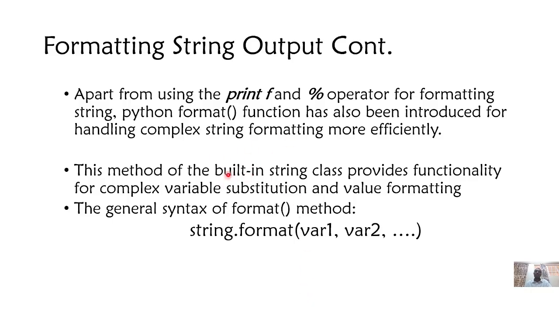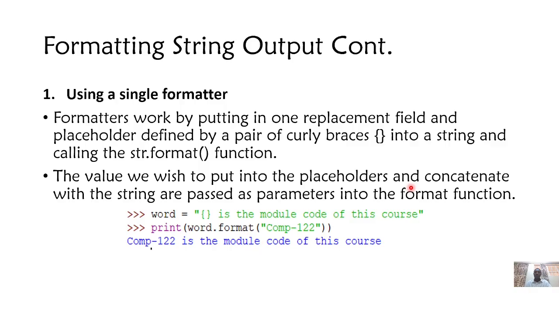The first curly bracket is going to be assigned to the first variable, so it is positional. The first argument is placed within the first curly bracket, the second argument in the second curly bracket, and if you have a third, the same thing applies. Here's an example.